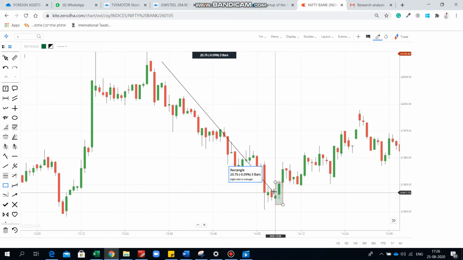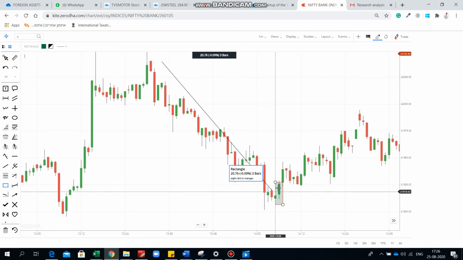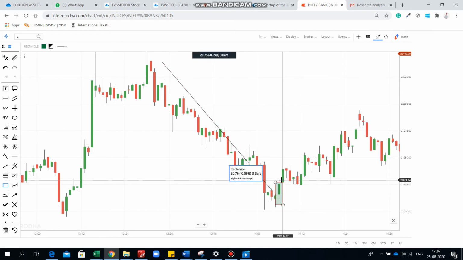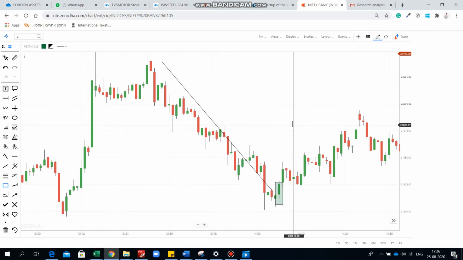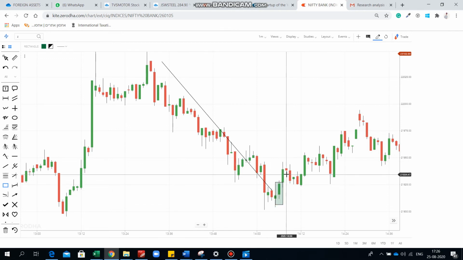So if you'll see, this candle has eaten all these red candles totally, and the next candle is green. Then you can expect the stock to move till here as well, and it can go till here. Now this stock is not moving till here because we have just assumed that this is a bullish engulfing bar.